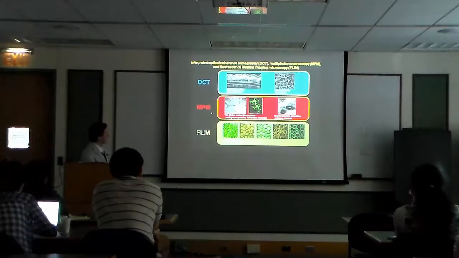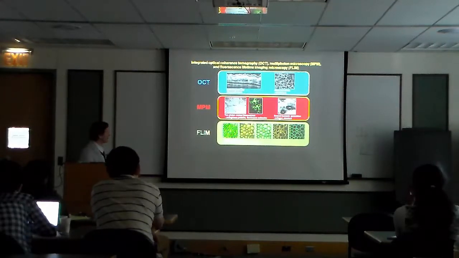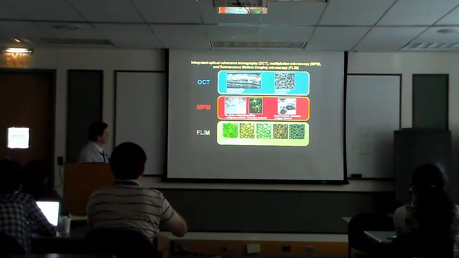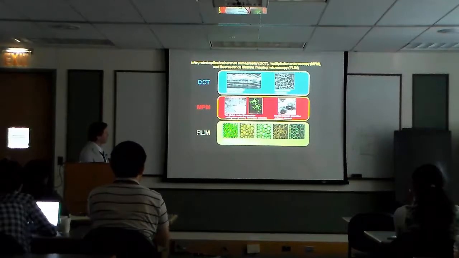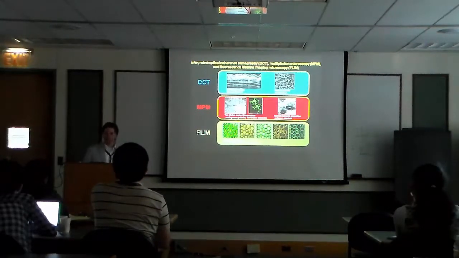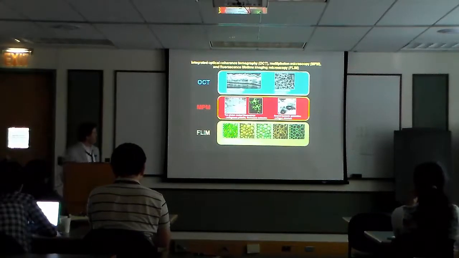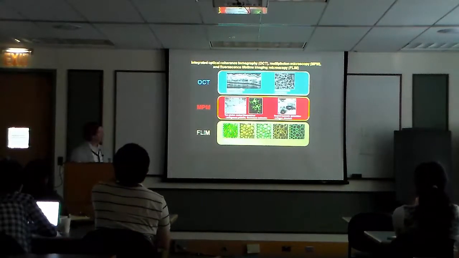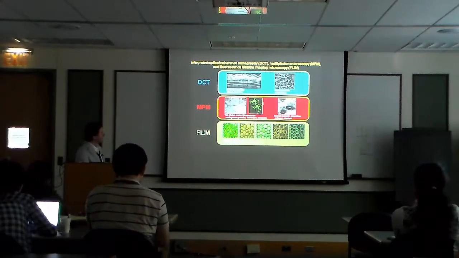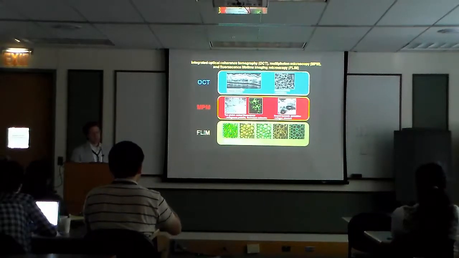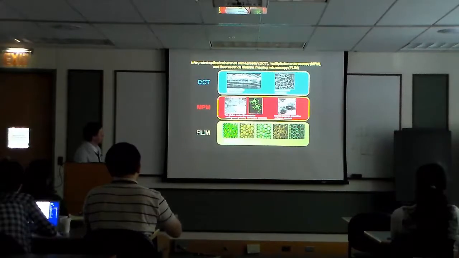MPM is multi-photon microscopy, and that's really a collection of nonlinear techniques, such as two-photon excited fluorescence, that's going to be used to look at autofluorescence, which tells us something about NAD and FAD and other autofluorescent molecules in tissue and cells, or in this case we can use GFP or other genetically expressed markers that we can identify and track.